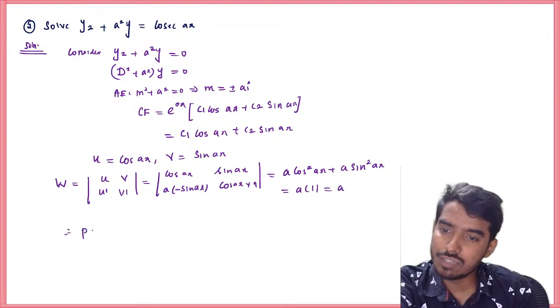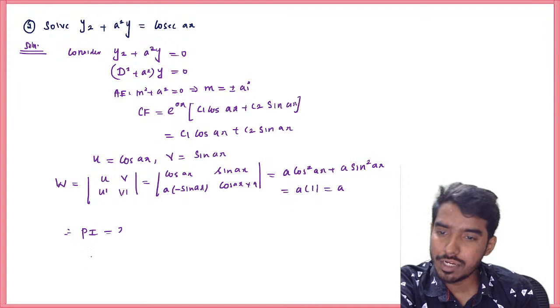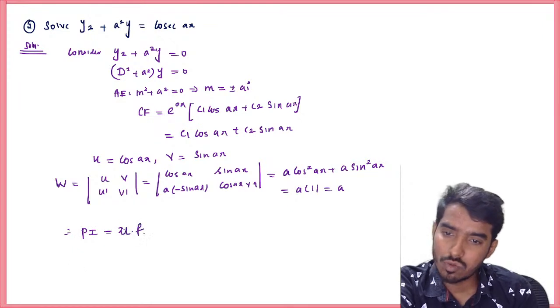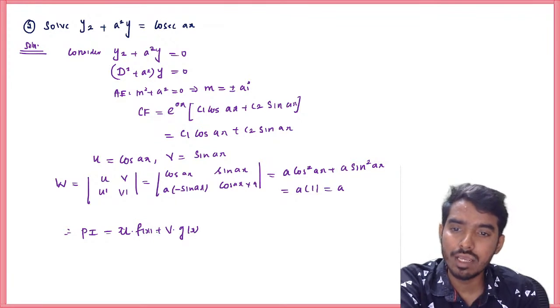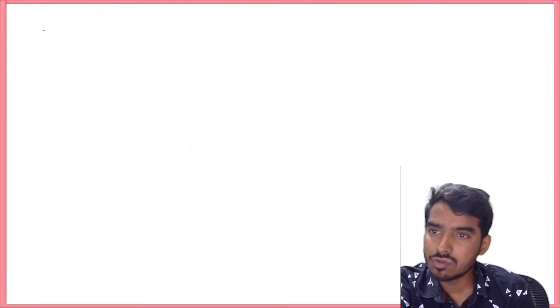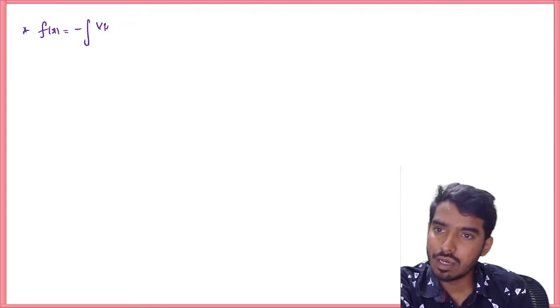So therefore, what is your particular integral? u into f of x plus v into g of x. We know u and v, so we need f of x and g of x. So f of x is minus integration of v r by W dx.